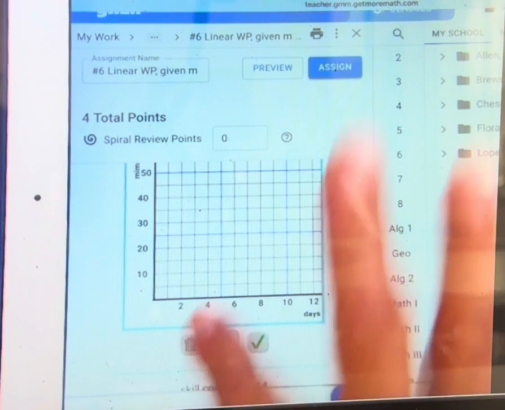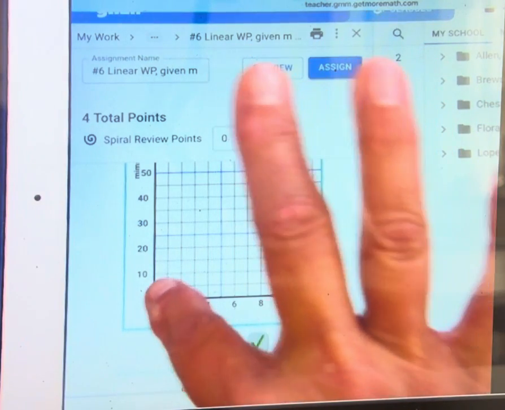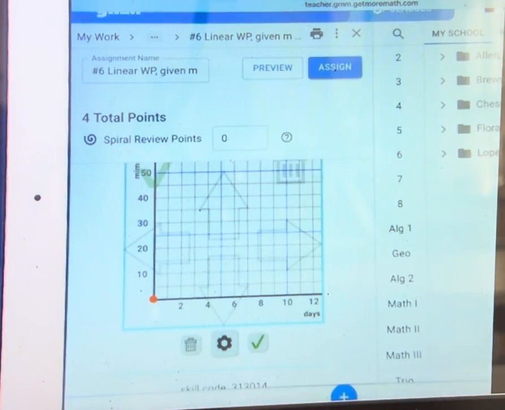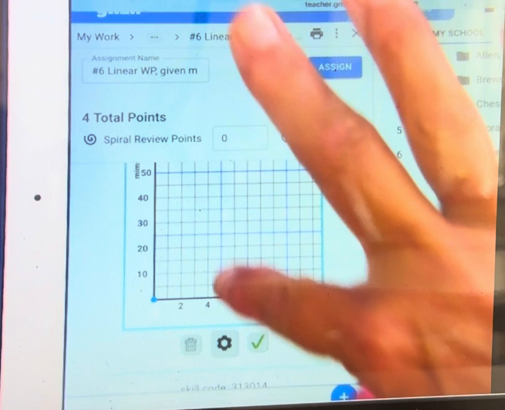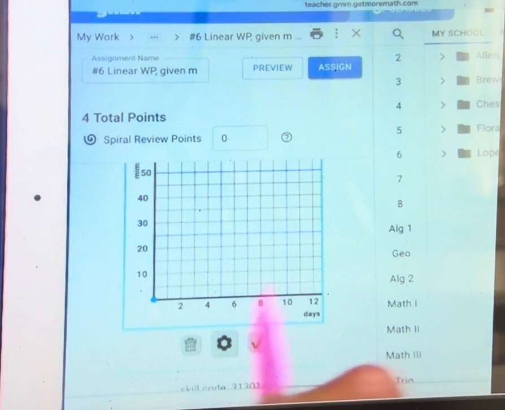Again, the first point you have to plot is the y-intercept, which is at (0, 0). That one looks good. And then I had 5 and 35. So this one, I like 5 and 10 because they're what color lines?